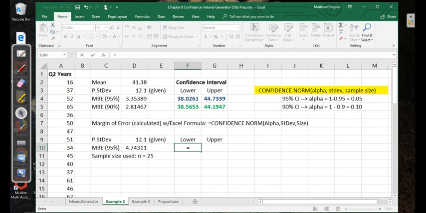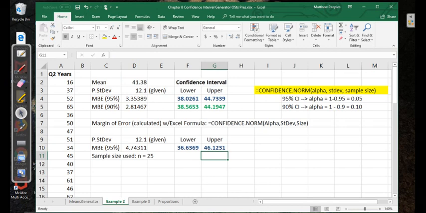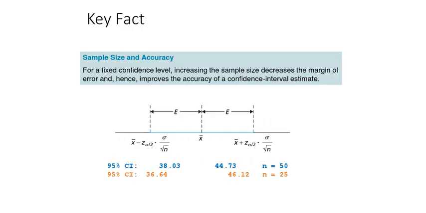We're going to take our mean and we're going to subtract our MBE to get our lower bound, and we're going to take our mean 41.38 and we're going to add our MBE right here for the 95% confidence interval, 46.123. Well, how does this compare? Well, as you can see, if we have a smaller sample size, we get that larger interval.